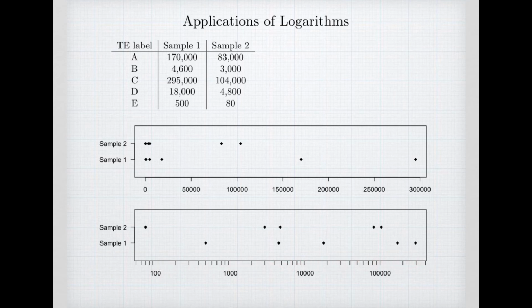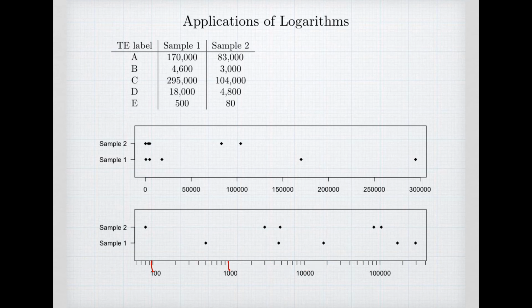Instead of using a linear scale where numbers are spaced according to their distance, now they're spaced according to their order of magnitude. So notice now that the numbers 100 to 1,000, that's a multiple of 10, to 10,000, that's another multiple of 10, to 100,000. These distances between the new orders of magnitude are always the same. That's what the logarithmic scale is trying to do.